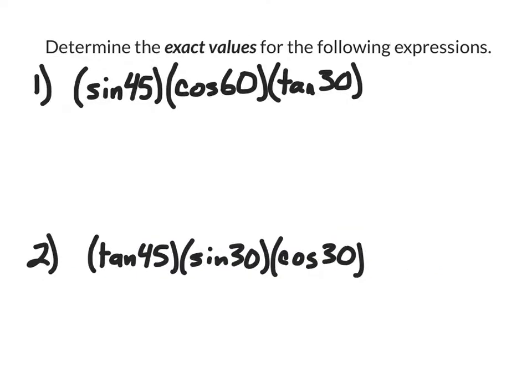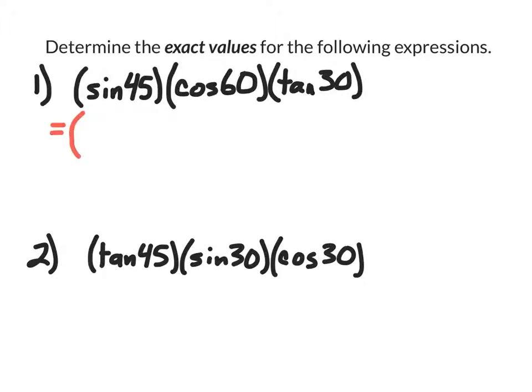It's good to know these special angles in case you're asked to find exact values. So here I have two expressions, and I'm asked to find the exact values for them. For this first one, sine 45 times cos 60 times tan 30, well, those are all special angles.